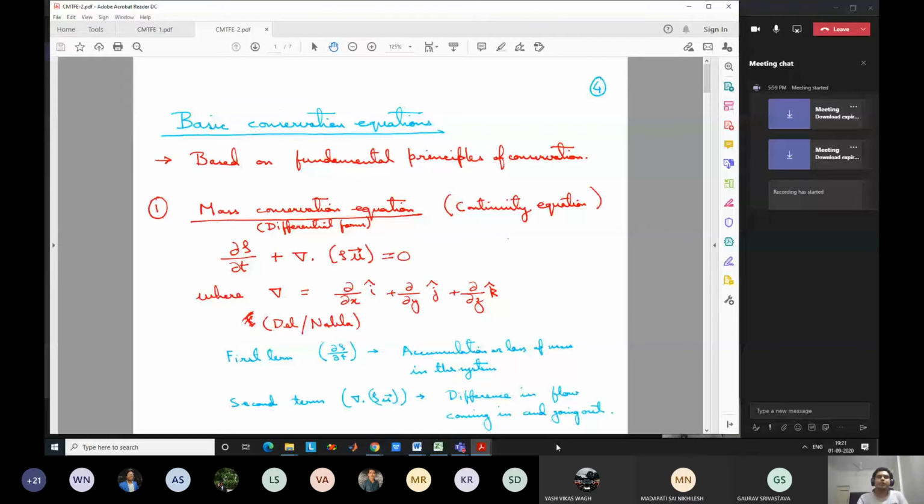These are the three fundamental equations we need. Mass conservation, which you know as the continuity equation. Momentum conservation equation. There are different forms of momentum conservation. We will go with a simplified Navier-Stokes form. It can be much more complicated also. We will not go into those details.